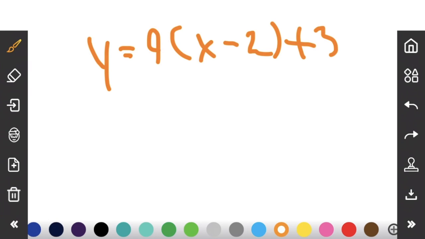And now they gave you an x, an initial condition. They want you to find f of 2.1. This 2.1 is x, so you just substitute this in.